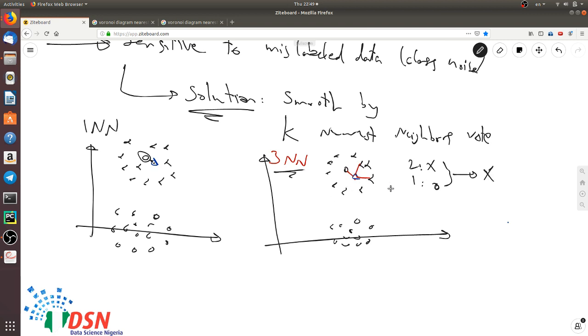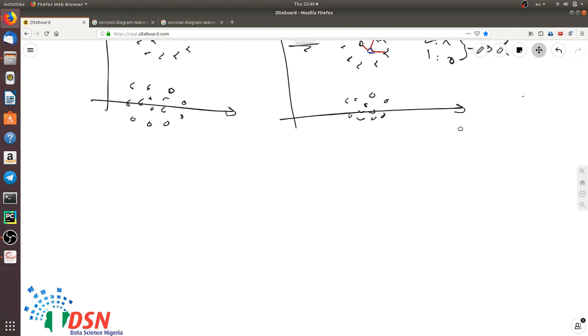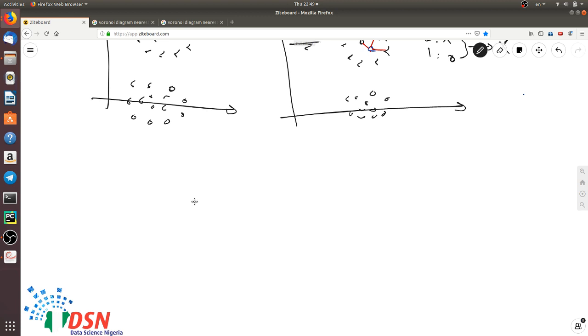So in general we call it K nearest neighbors, and you calculate the K nearest neighbors for a point to make the decision. Here we solve this sensitivity to label noise.